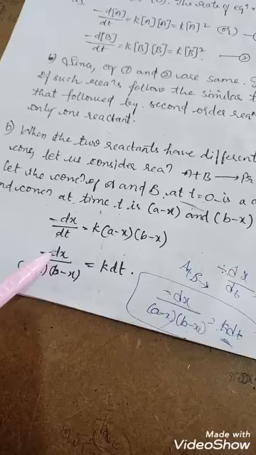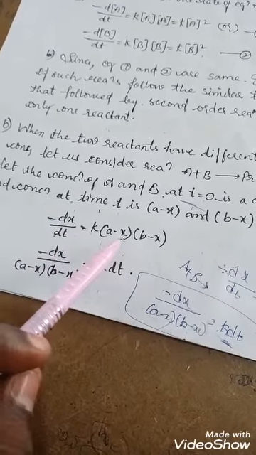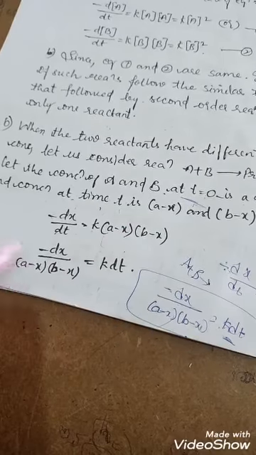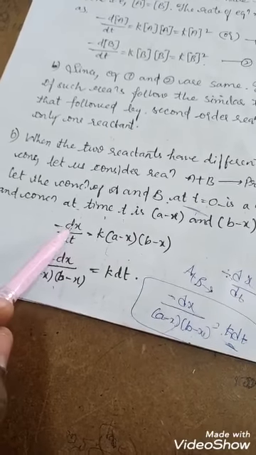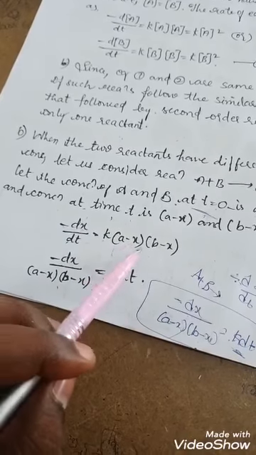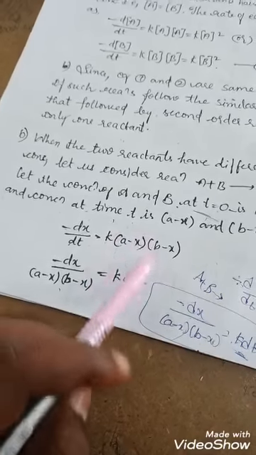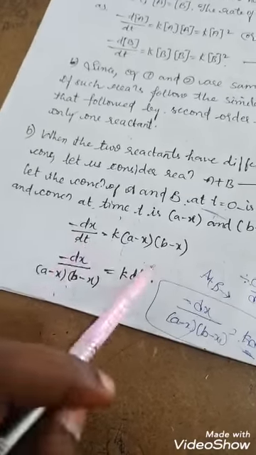We take the x terms on the left side because we differentiate with respect to x, and dt on the right side. So minus dx by (a minus x)(b minus x) equals k dt. This is the equation.